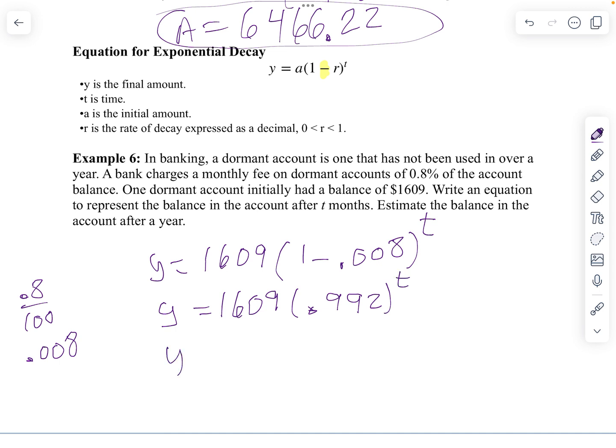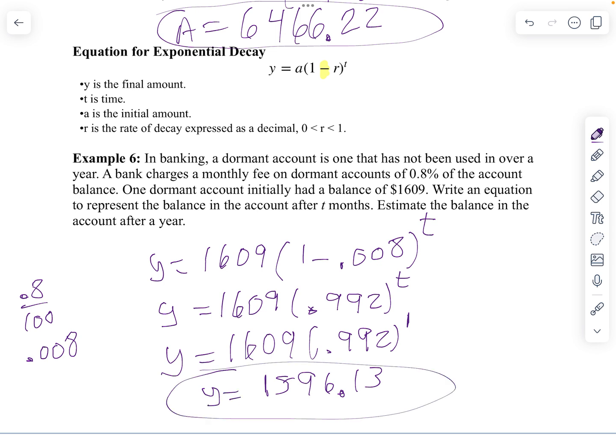Well, after 1 year, I'm just going to replace t with 1. So you take 1,609 times 0.992, and you get $1,596.13, we'll round it to.